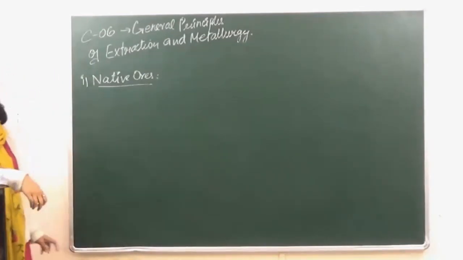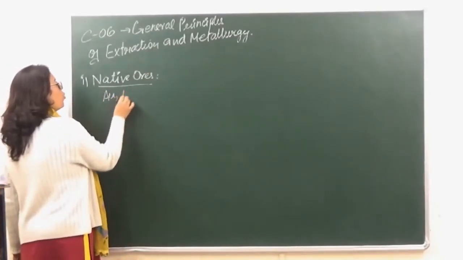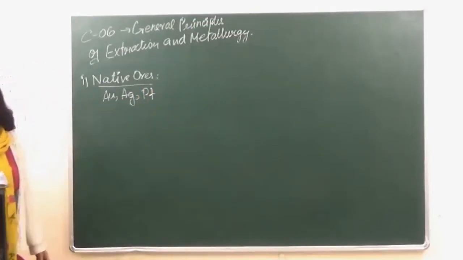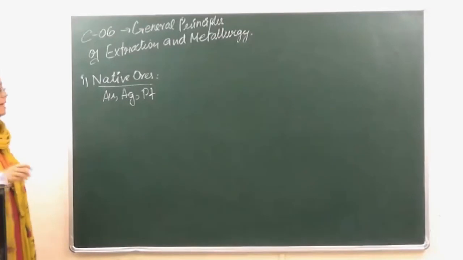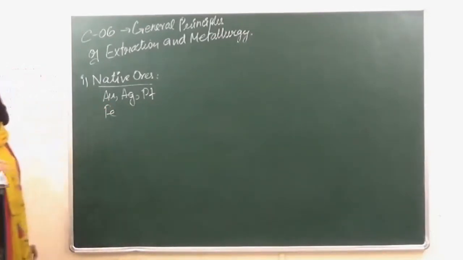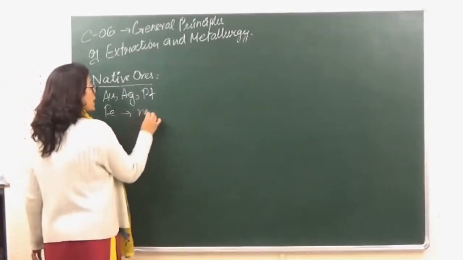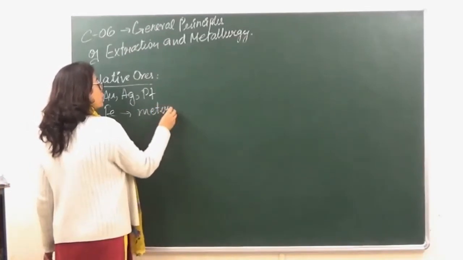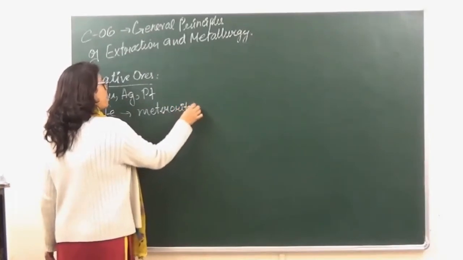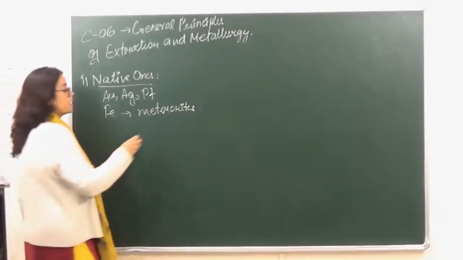Even iron for that matter is present in native state, but it has a few impurities, which are known as meteorites. These meteorites consist of 20 to 30% of nickel.